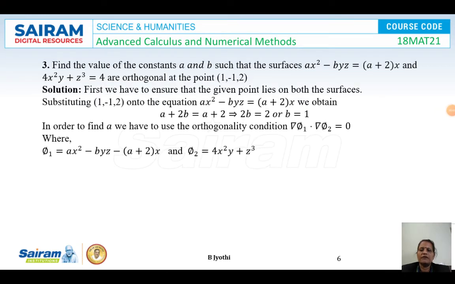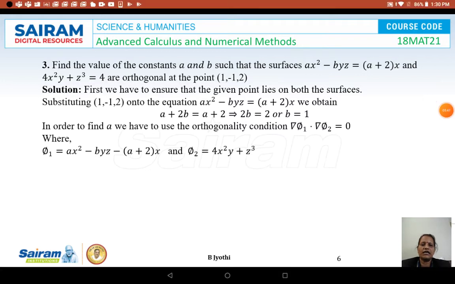Next problem. Find the values of constants a and b such that the surfaces ax square minus byz is equal to a plus 2 of x and 4x square y plus z cube is equal to 4 are orthogonal at the point (1, -1, 2). First we have to ensure that the given point lies on both the surfaces.